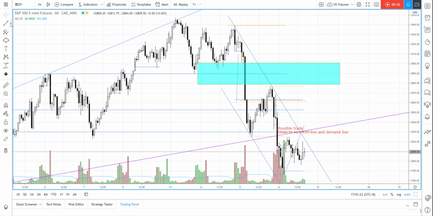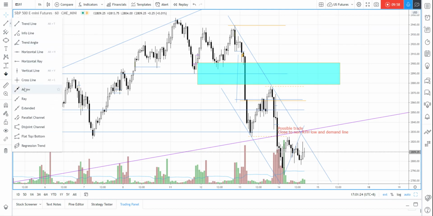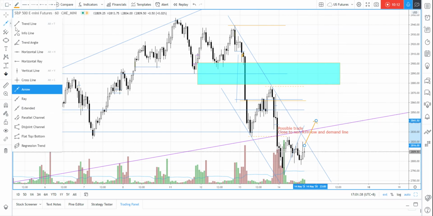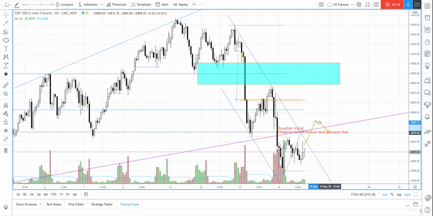So what I'm expecting is something like this. If there is some kind of rally up, maybe it can rally to this area from 2840 to 2850. Then should it get rejected, that is probably a good time to initiate a short entry.